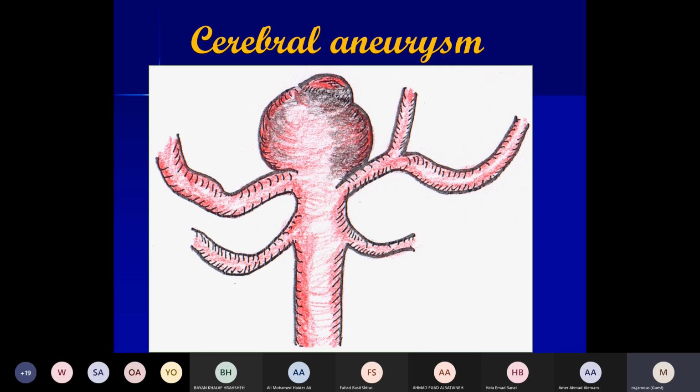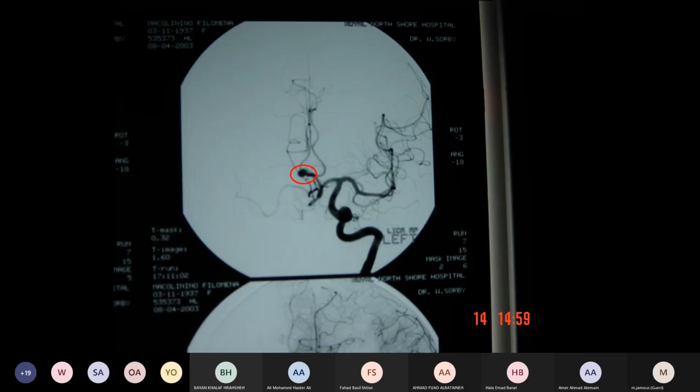The vascular wall is made of three layers: from inside, intima, media, and adventitia. Within the aneurysm, we lack these three layers; it is a thin layer of fibrous tissue. On angiogram, this is how the aneurysm looks: an abnormal dilatation.